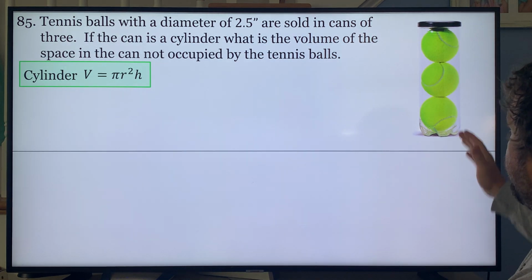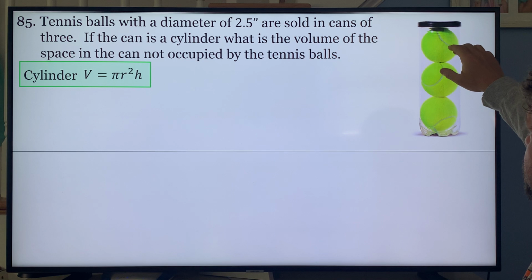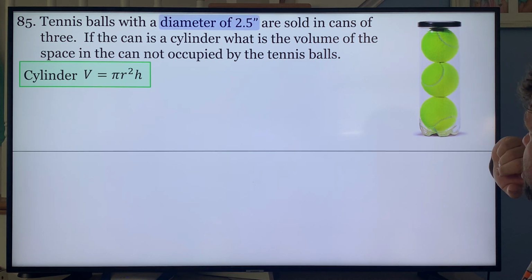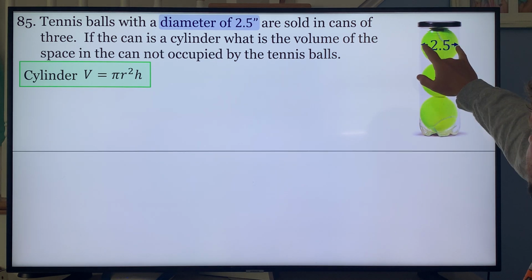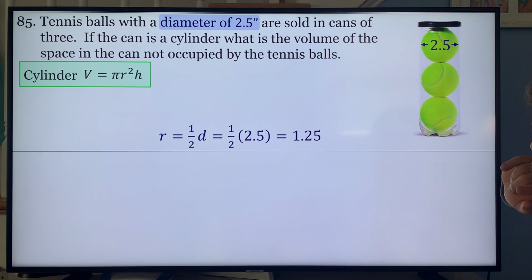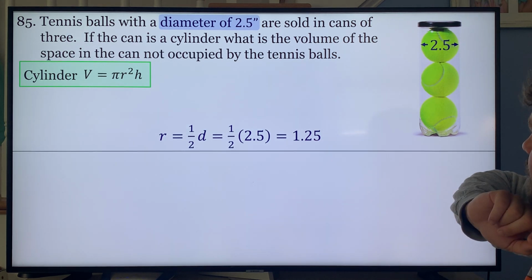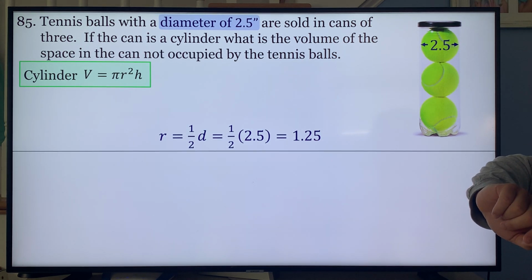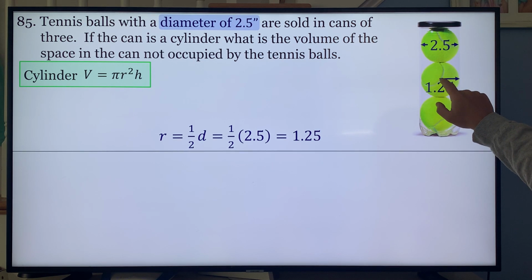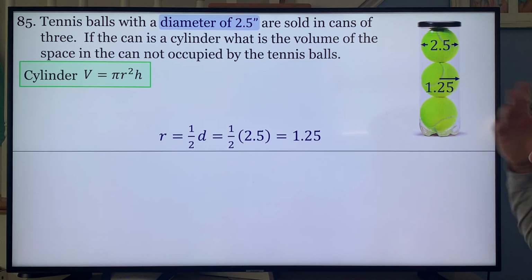So we need the height and we need the radius. So the diameter of the tennis balls here are 2.5 inches. So we can use that. So if the diameter is 2.5 inches, can we find the radius? Half of that, which is 1.25. All right? So I know it's 1.25 from the center of the cylinder to the outside of the radius.